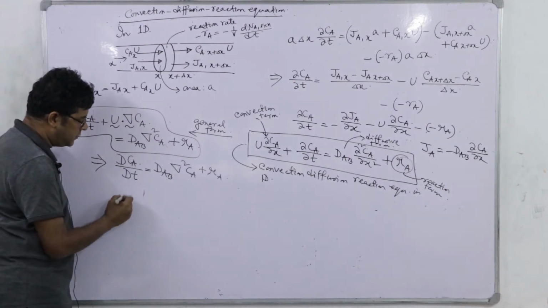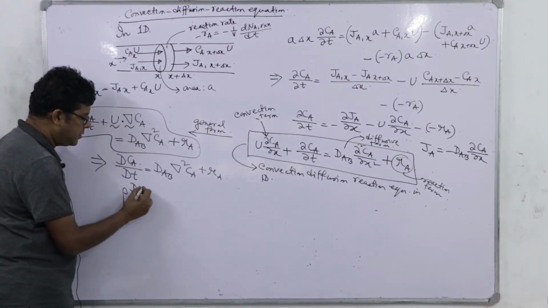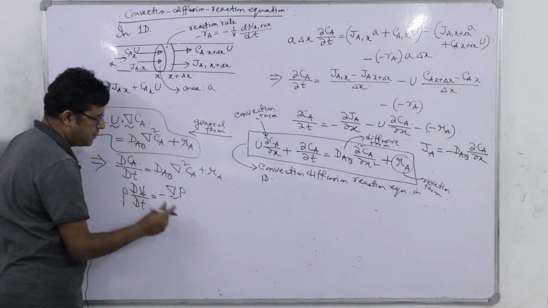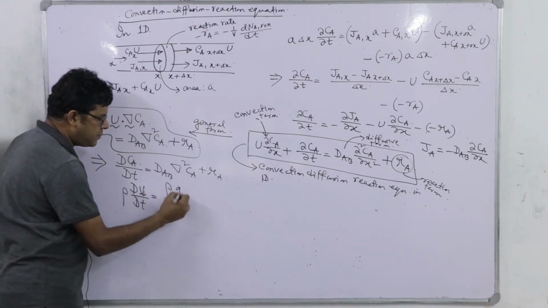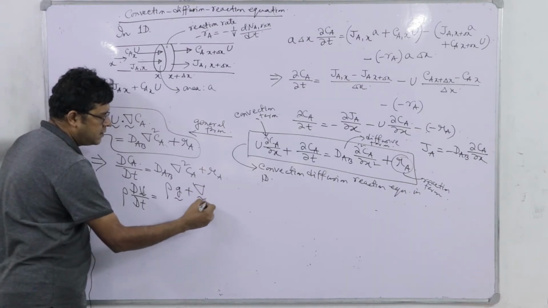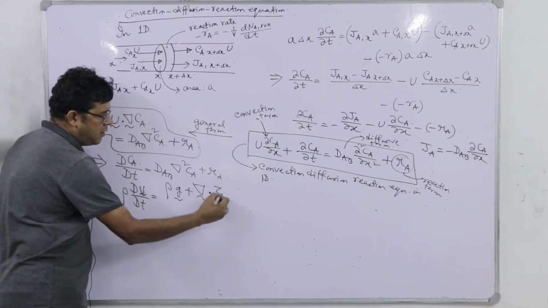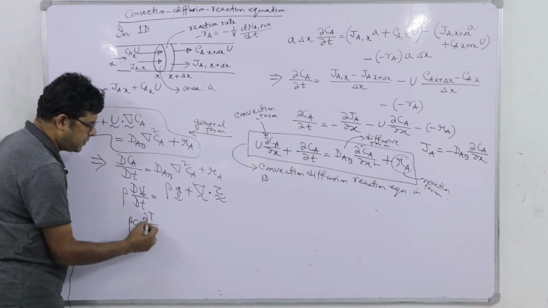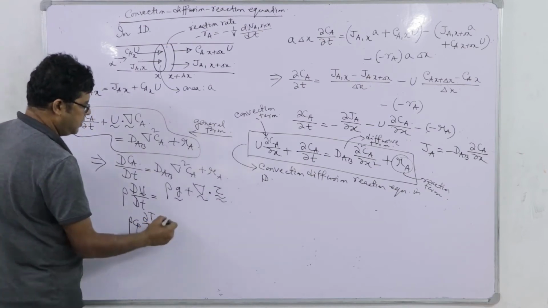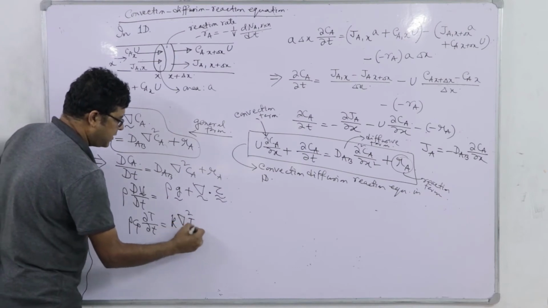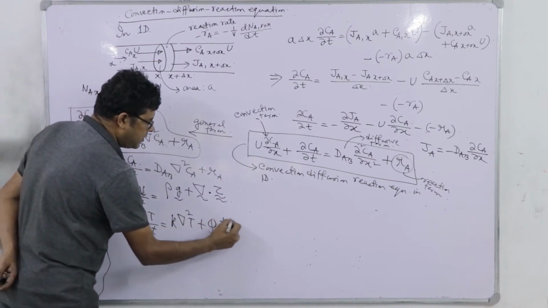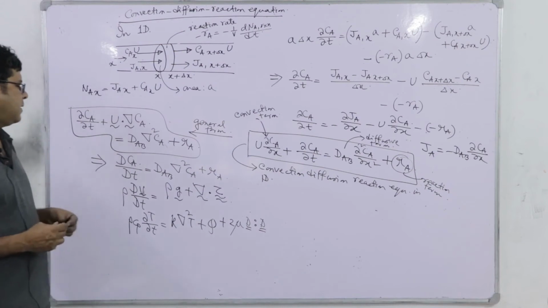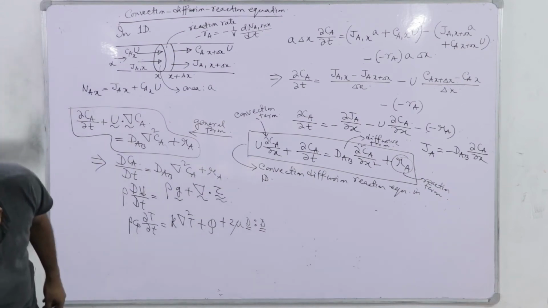In the Navier-Stokes equation, we had rho into del V del t minus grad P for a Newtonian fluid, or we can write rho into g plus grad of the stress tensor, and in the general energy equation it is rho Cp del T del t is equal to K into grad square T plus Q, heat generation, plus 2 mu d double dot d, that is the viscous dissipation term.